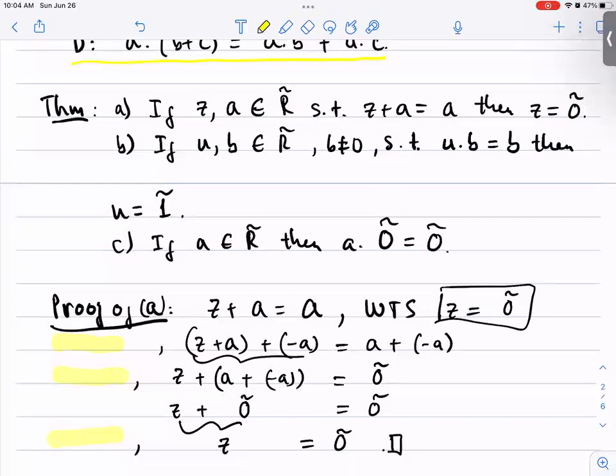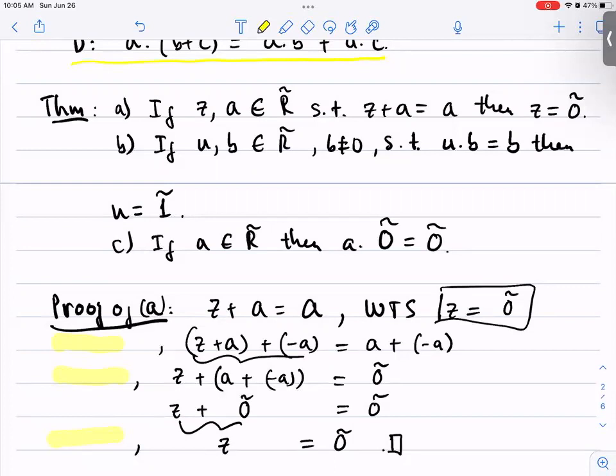So notice that the zero element here is an element built up in the set of algebraic properties for real numbers. The first statement here, in this sense, can be thought of as a uniqueness property for the zero element.